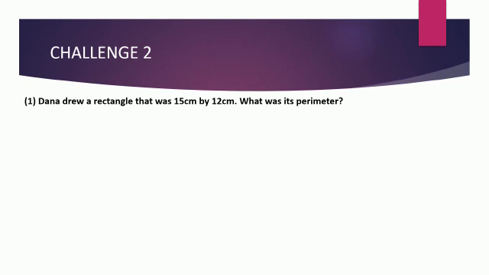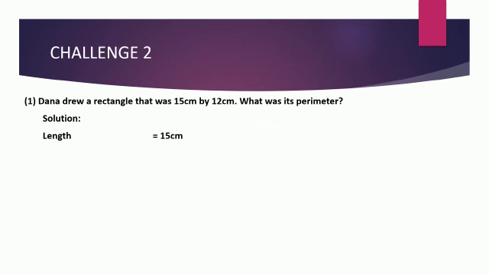Length is 15 centimeter and width is 12 centimeter. Dana drew a rectangle. It means the rectangle has already been drawn, and we have to find its perimeter. Let's start its solution.